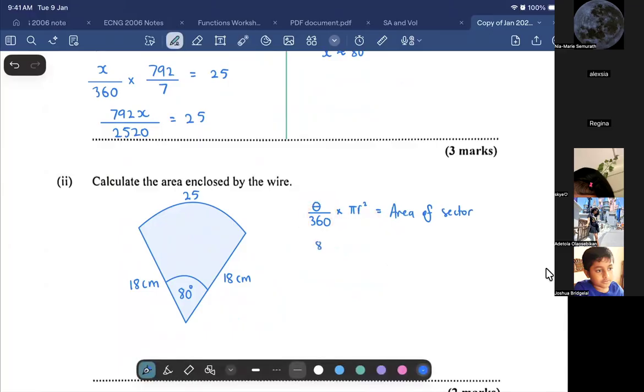So our angle is approximately 80, so 80 over 360. They want me to use pi as 22 over 7. My radius is 18. So plug that into the calculator and let me know what you're getting. So 80 over 360 multiplied by 22 over 7 by 18 squared.